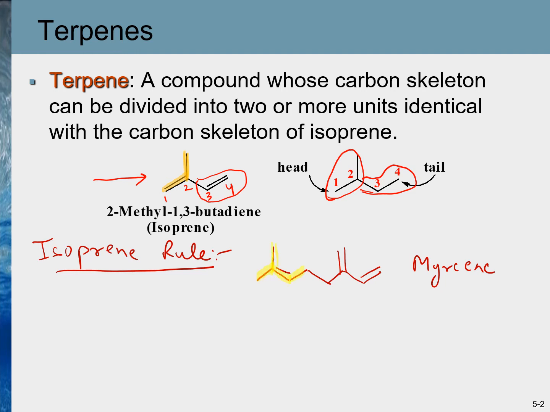So this would represent one isoprene unit, and the other isoprene unit is here, and this would be the link to the tail of the first yellow isoprene unit, and this would be the head of the blue isoprene unit. So therefore this compound is classified as a terpene.